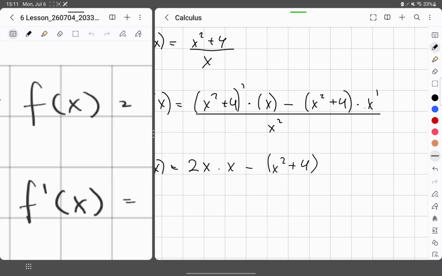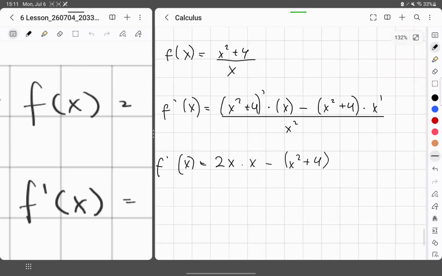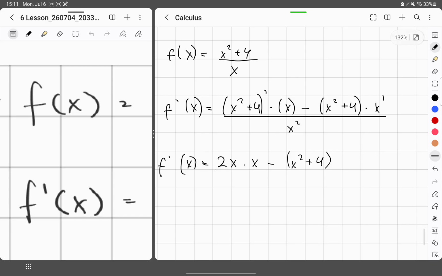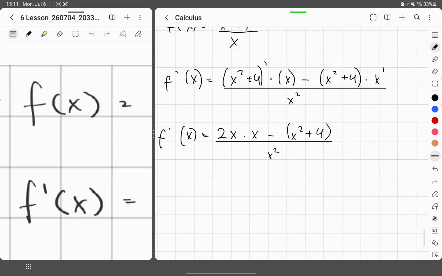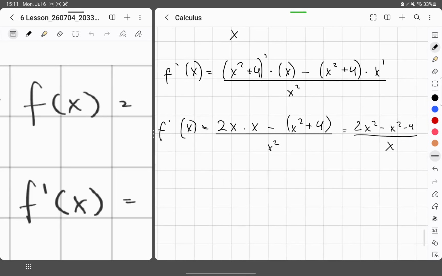It will be just 1. Is that true? I don't know. That will be 1, okay, so over x squared. That will be (x squared minus 4) over x squared.